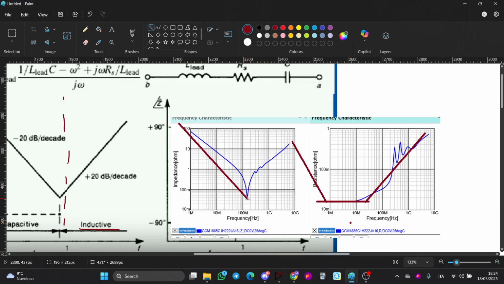And the impedance characteristic versus frequency, it's like this. As you can see, even though the inductive region changes in way higher frequency range, the ESR starts to spike even before. And as you can see, it can reach even values like 100 milliohm.